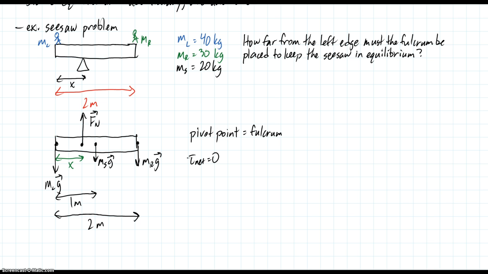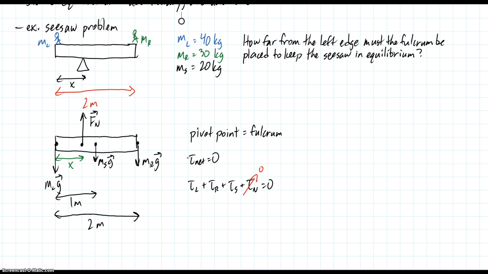We know net torque equals 0, or we could write that as torque from the person on the left plus torque from the person on the right plus torque from the weight of the seesaw itself plus torque from the normal force, which as we discussed is 0. For all of these vectors, the r vector is going to point horizontally, all of the force vectors point vertically, so it will be 90 degrees for the value of phi for all of them.